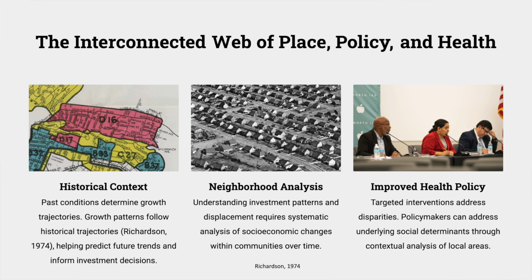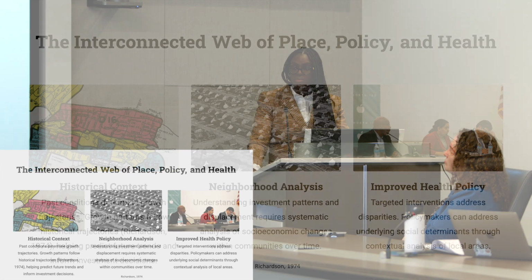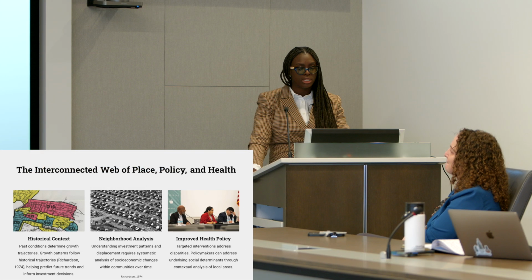Data shows that historical conditions and the distribution of people and businesses in an area are essential for understanding context, developing effective policies, informing investment decisions, and predicting future trends. Our past conditions often influence how well an area is growing in the present, suggesting that growth is also determined by history.